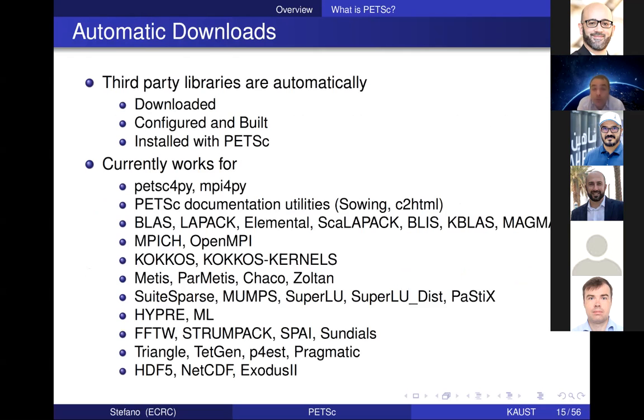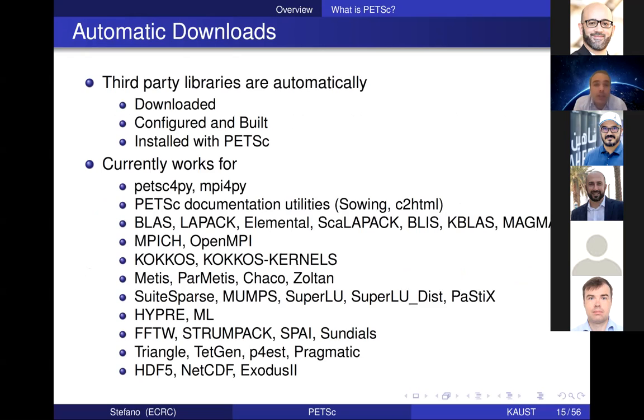Another cool feature about PETSc is that it interfaces with many third-party libraries, and all the third-party libraries used by PETSc can be downloaded, configured, built, and installed for you by the PETSc build system itself.